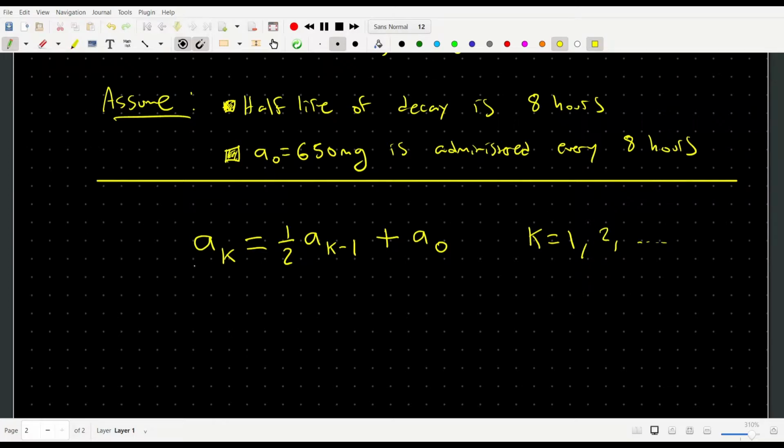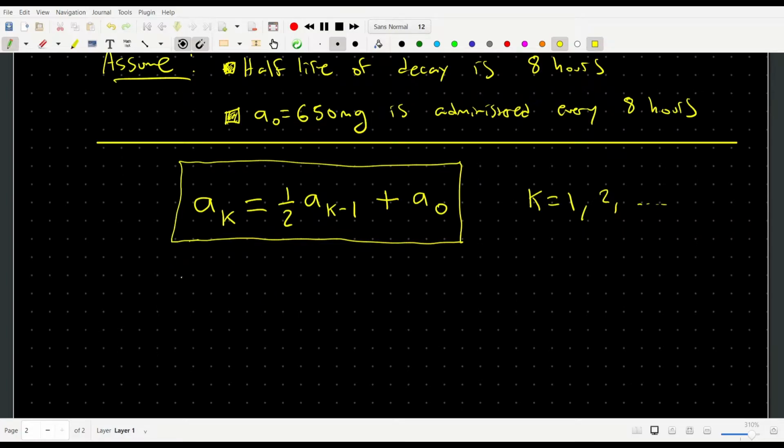So this is one way of writing down this sequence, and this is actually what's called the recursive definition of this sequence, because the kth term in the sequence depends on the (k minus 1)th term in the sequence. Right? The initial dosage is A0, and then A1 is going to be 1/2 A0 plus A0.